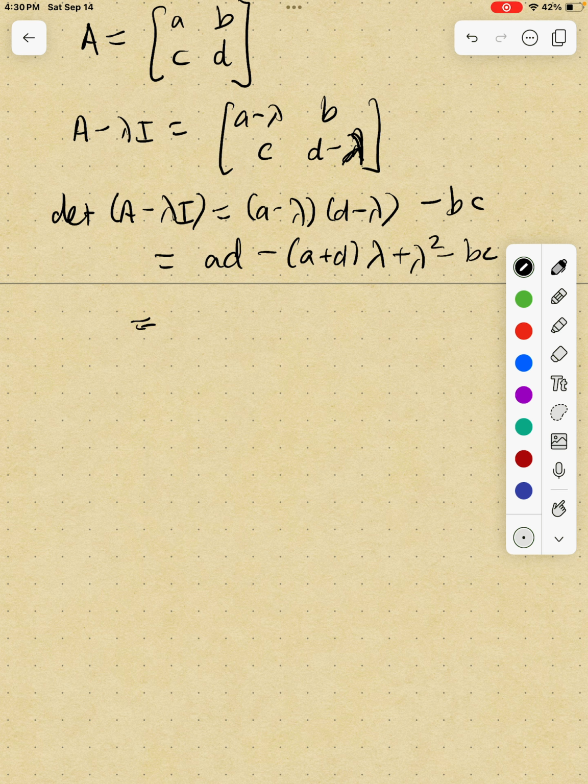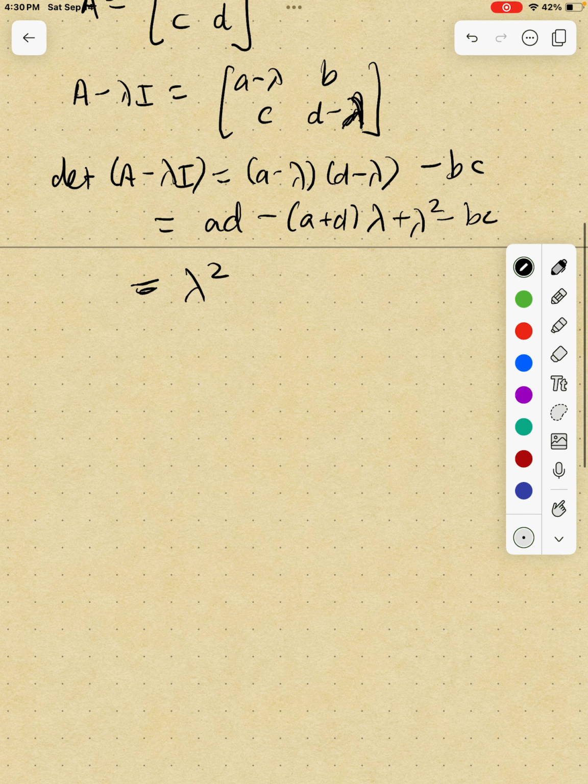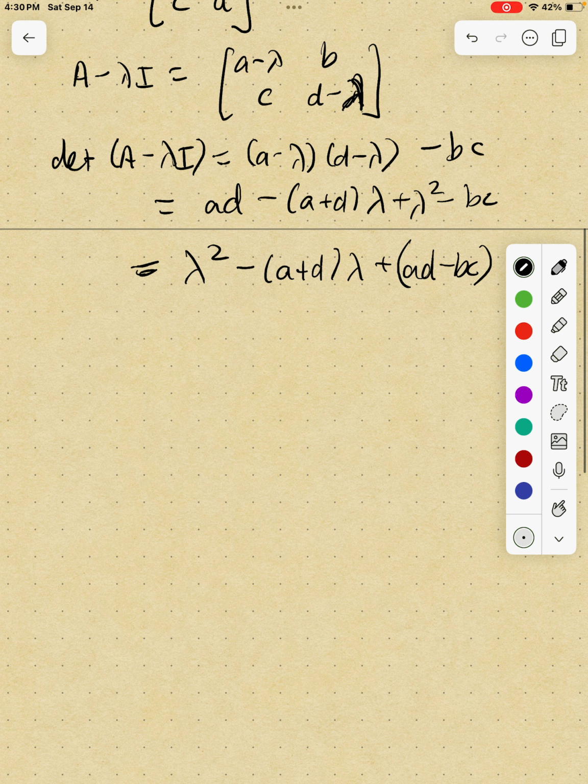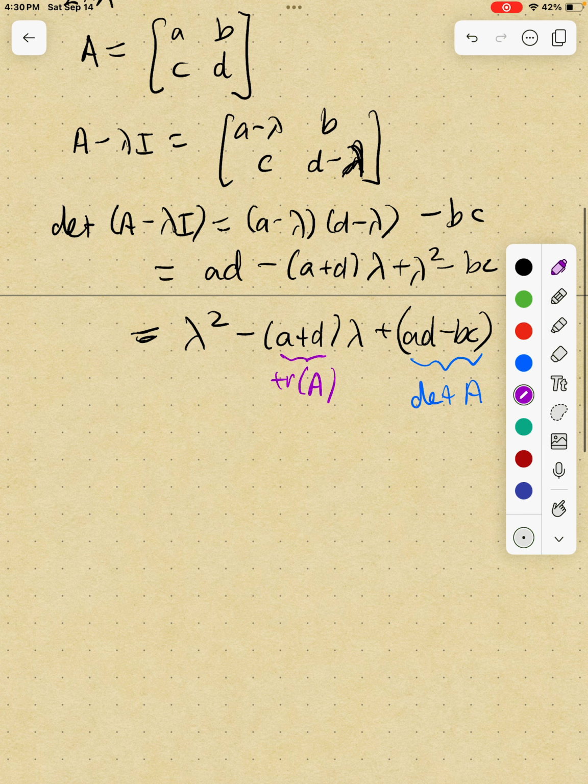So it's lambda squared minus (a plus d) lambda plus ad minus bc. And you see that ad minus bc, that's the determinant of A. And do you see the trace? It's right here, right? That's the trace of A. It's a plus d.